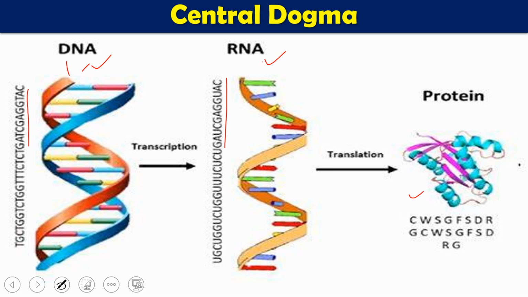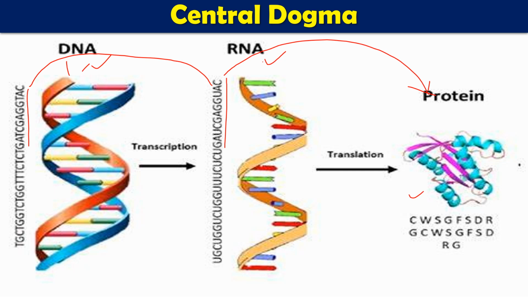Whatever is in the DNA, the same thing is copied into the RNA through the transcription process, and RNA ultimately helps in the synthesis of proteins. So whatever protein they get, the message comes from the DNA.